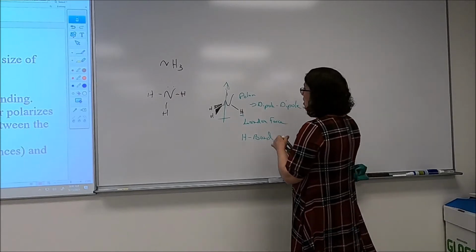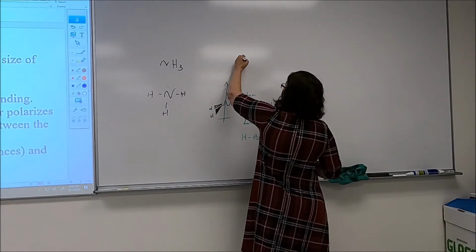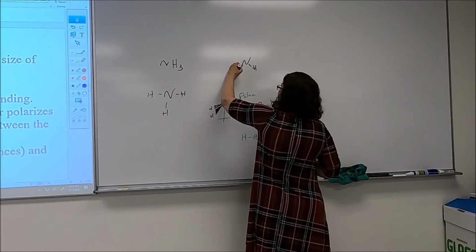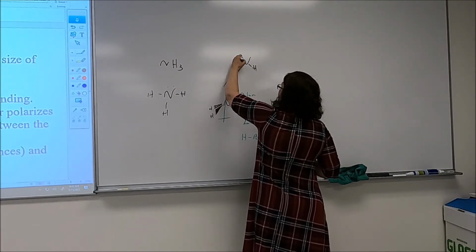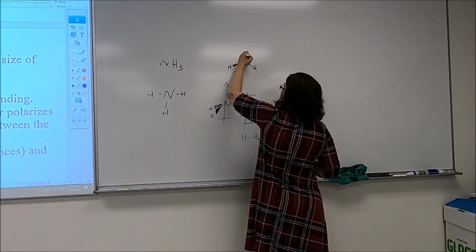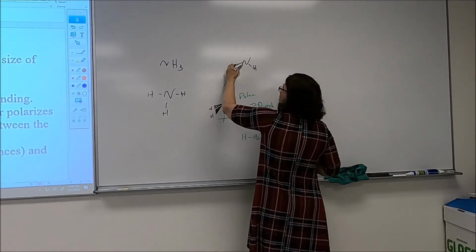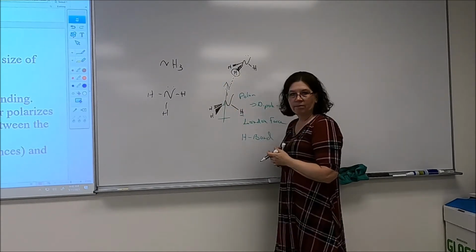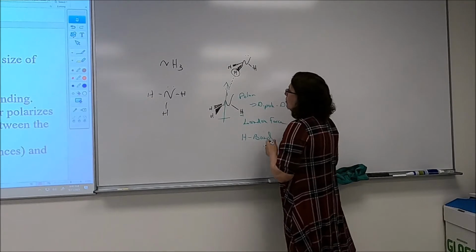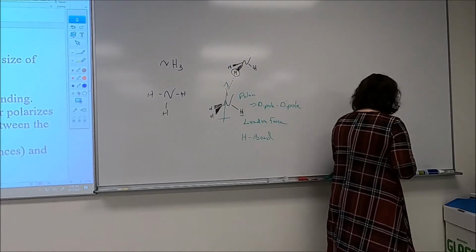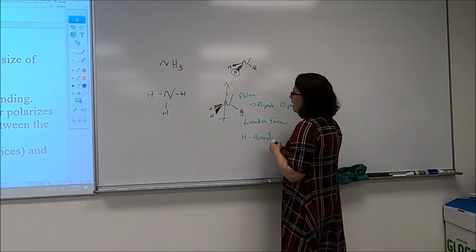Now, if I were to draw in a second nitrogen of an ammonia here. Okay? This hydrogen here could interact with this lone pair. That's where our hydrogen bond comes from. Okay?